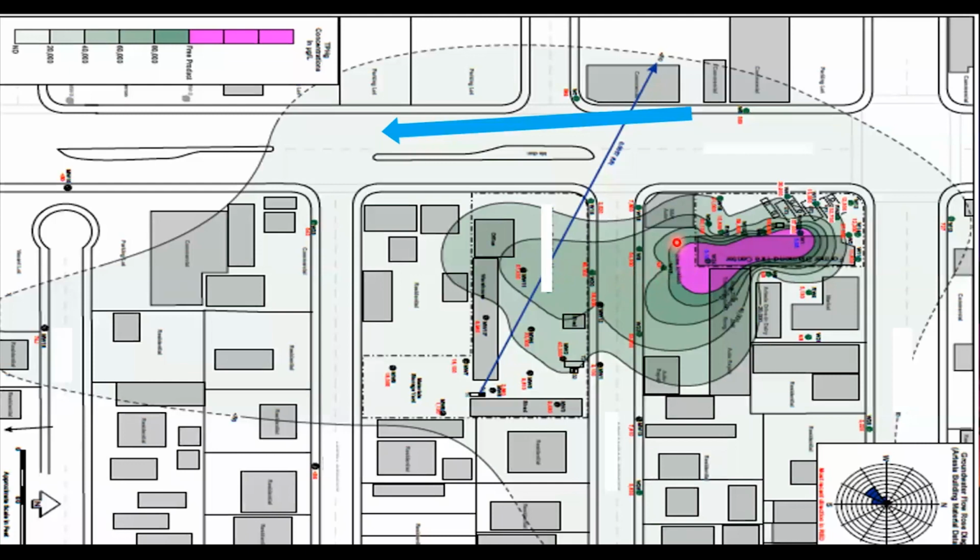And the contaminated plume migrated. Look up here, the blue arrow gives you the direction of the groundwater. So it migrated with the groundwater, crossed the street, moved onto this property here, and created a big mess. I can tell you, by now they have spent over $2 million, and they have not yet cleaned it up.